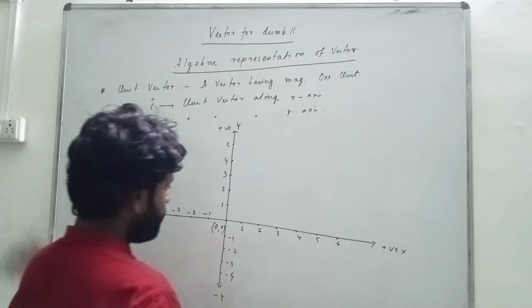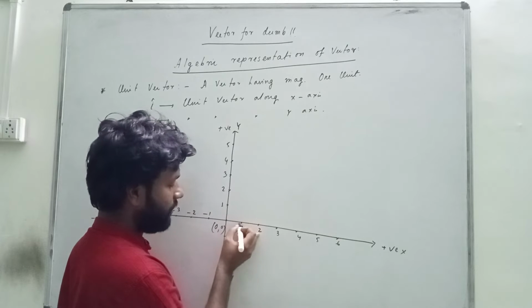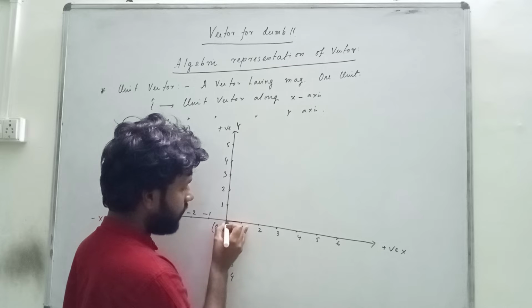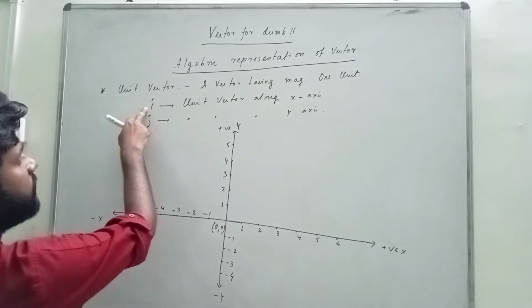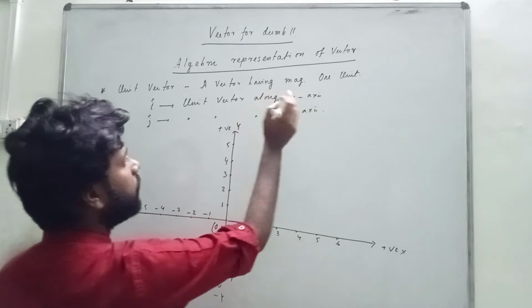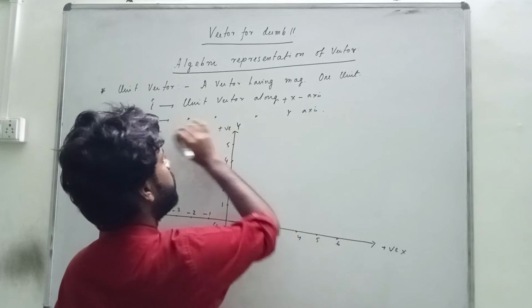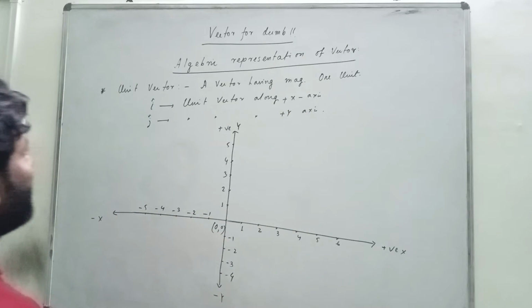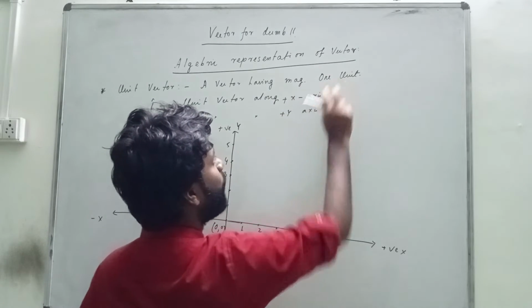Obviously, here is 0 and here is 1, just one step. That means the length of this piece is 1. The I hat means the unit vector along the positive x-axis, and the j hat means the unit vector along the positive y-axis. A unit vector is a vector having magnitude 1 unit.